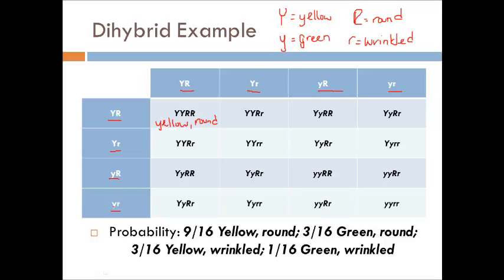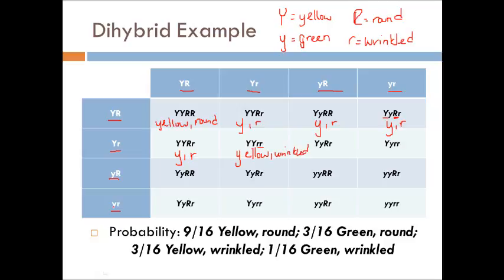This case is yellow and round because it's big for each of them. This one and this one will be yellow and round, because as long as you have one dominant letter, it's going to have the dominant trait. This one has two little r's, so this will be yellow and wrinkled.